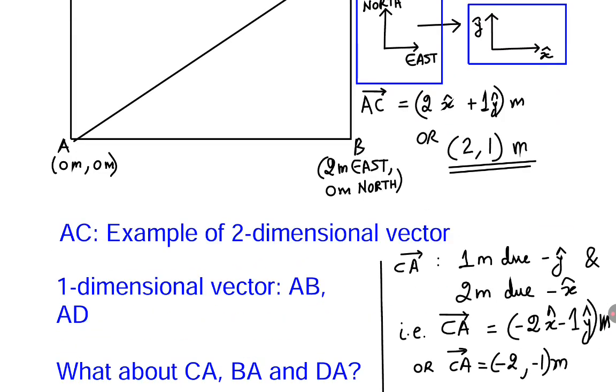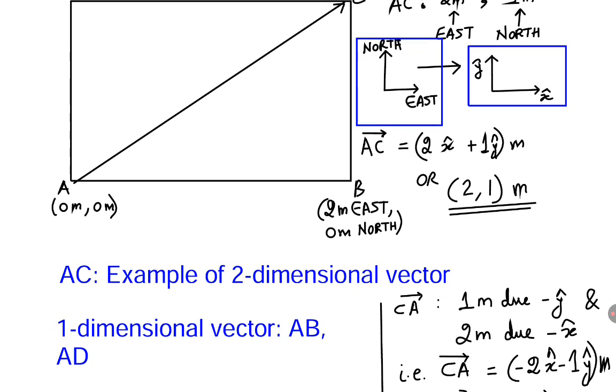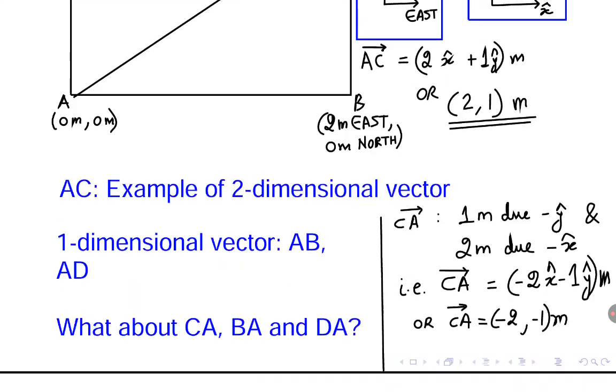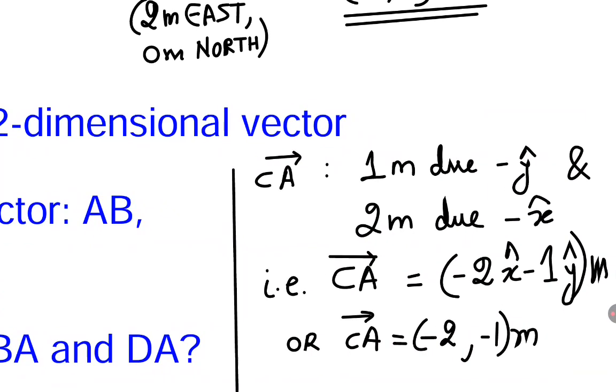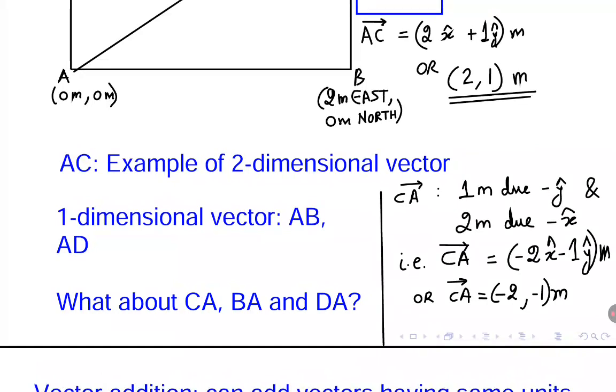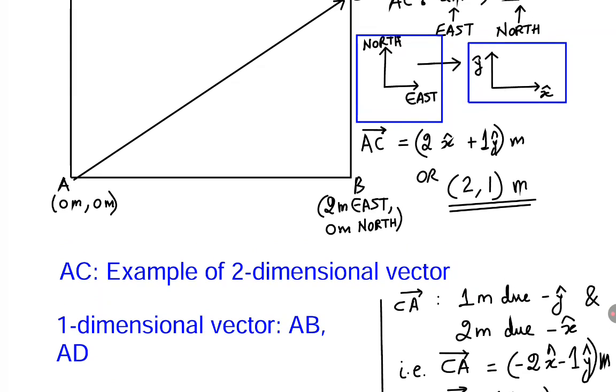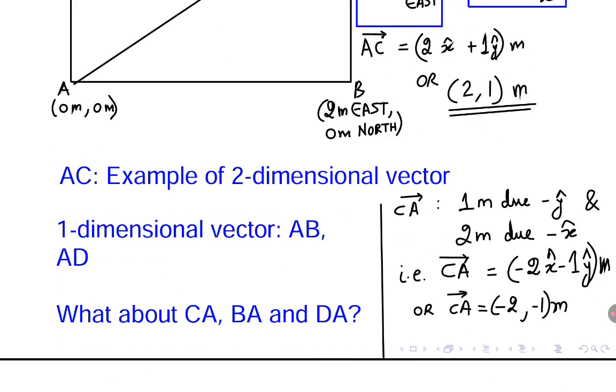Then we have moved 2 meters along the minus x cap direction from B to A. Then the CA vector will simply be given by minus 2 x cap minus 1 y cap meters, or (minus 2, minus 1) meters. Exactly the same values as for AC but with a minus sign, because of course the CA vector will be pointing opposite to the AC vector.